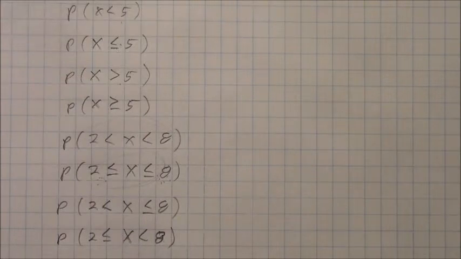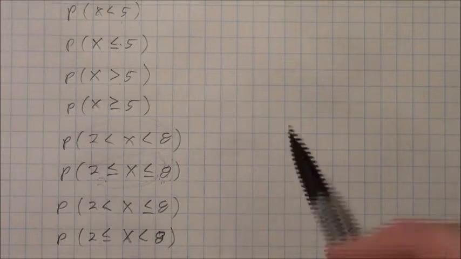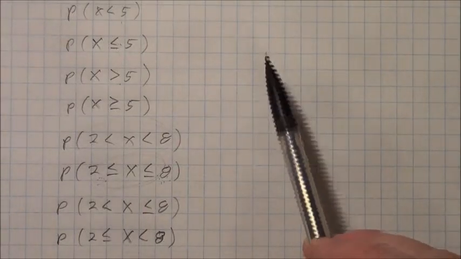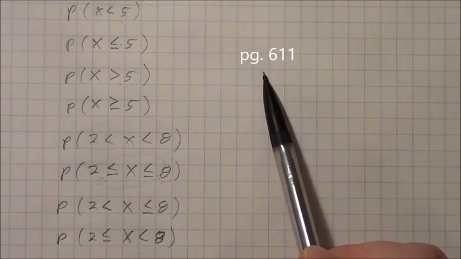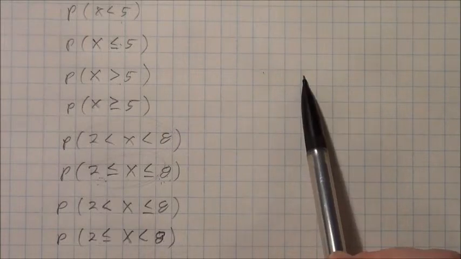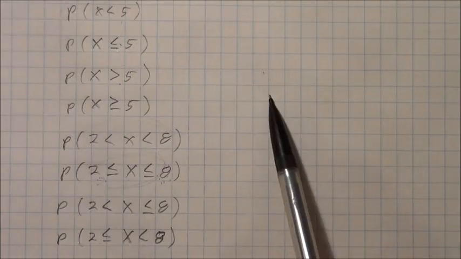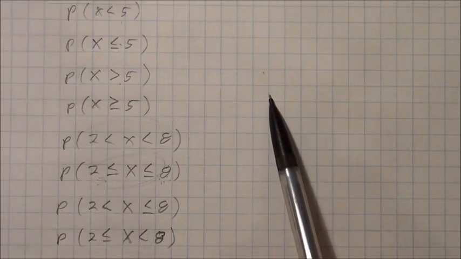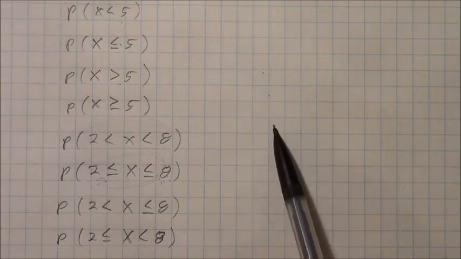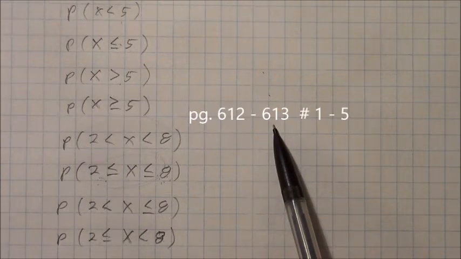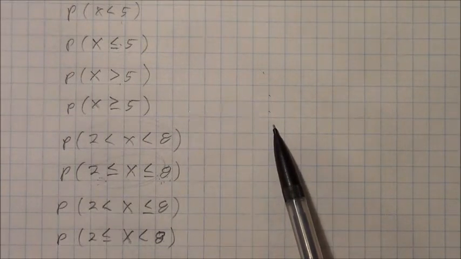What I would like you to do in the meantime, before we see those examples, is take a look at page 611 and example 2. Then take a look at example 3 on page 612. Then between pages 612 and 613, familiarize yourselves with practice exercises 1 to 5.